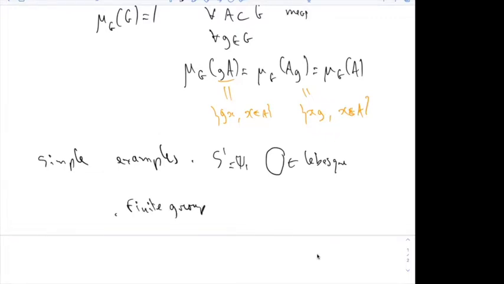And then the probability of an element, so the probability here is mu, mu of an element g is just 1 over the cardinal of G, right?